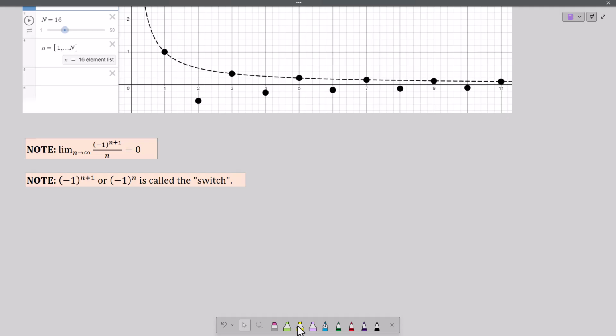And we can see it from the graph also. So the limit is 0. And we often call this term the switch. And who knows whether it's the odd indexed terms or the even indexed terms that are negative. It all depends on whether you have an n or an n plus 1 as the exponent on that negative 1 on the switch. It's called the switch because it's switching signs.